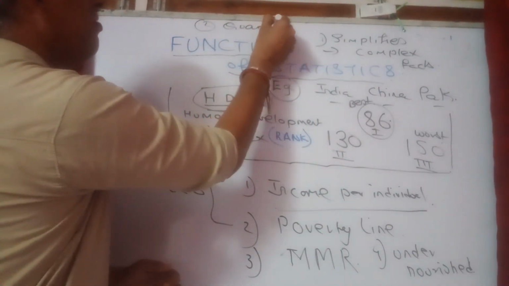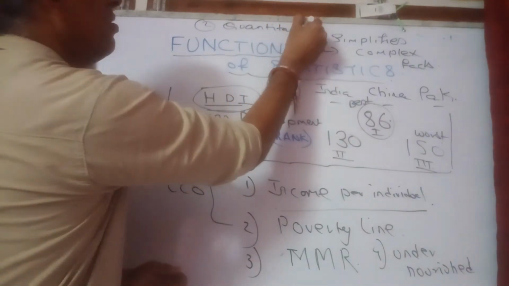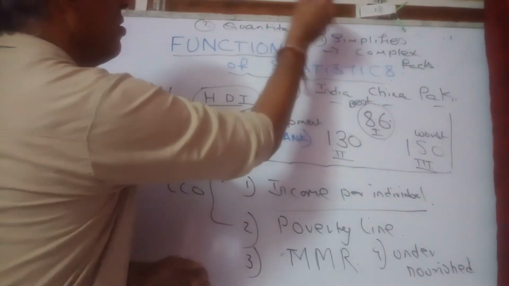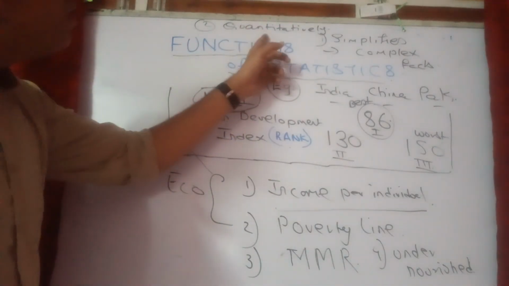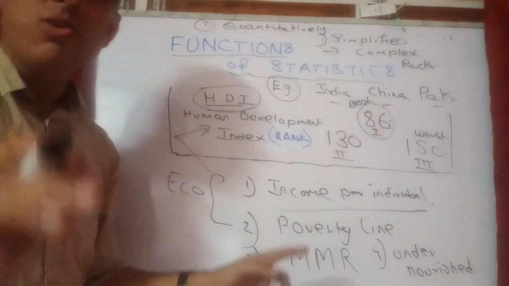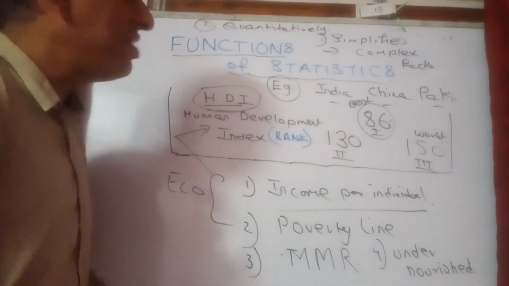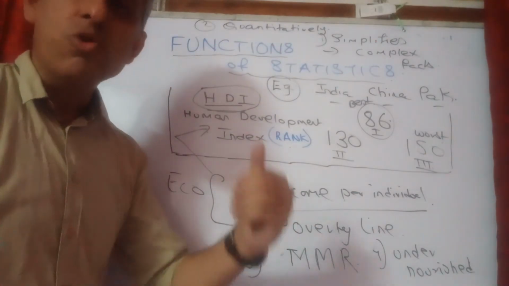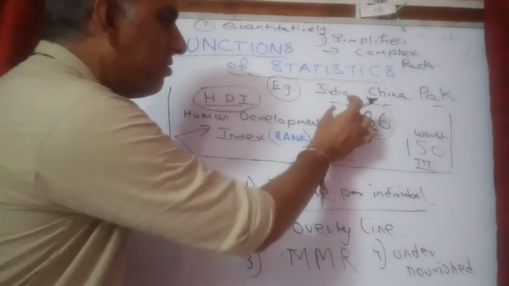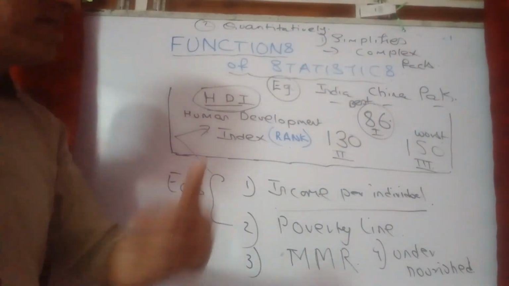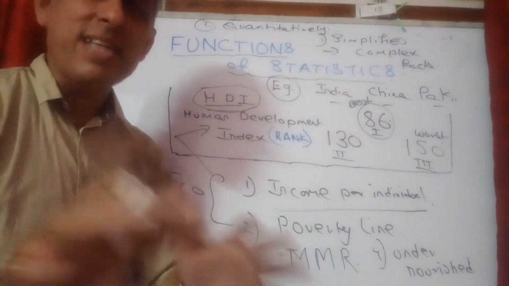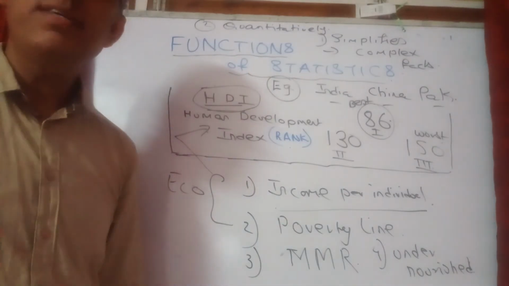So you will mark it down: to present the fact quantitatively. Remember, if you present it quantitatively, it is far better than presenting it qualitatively through certain words which are abstract, like best, worst. Avoid using them. Statistics never uses them. Clear?